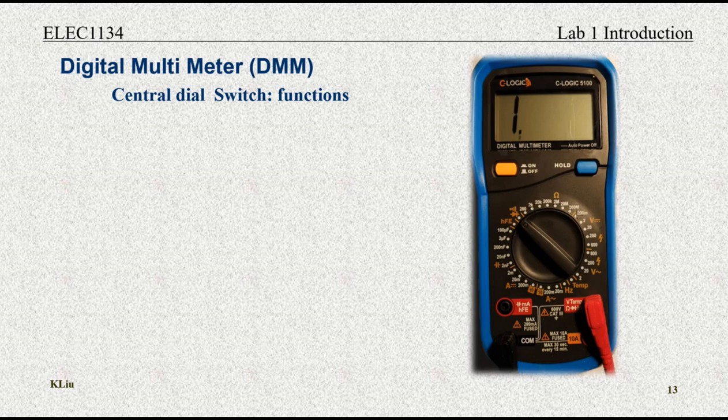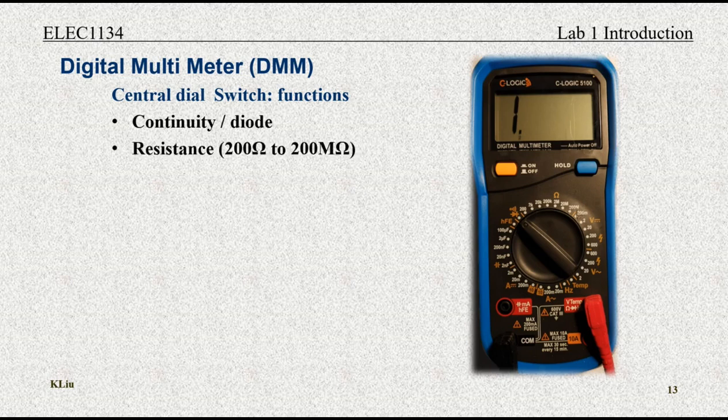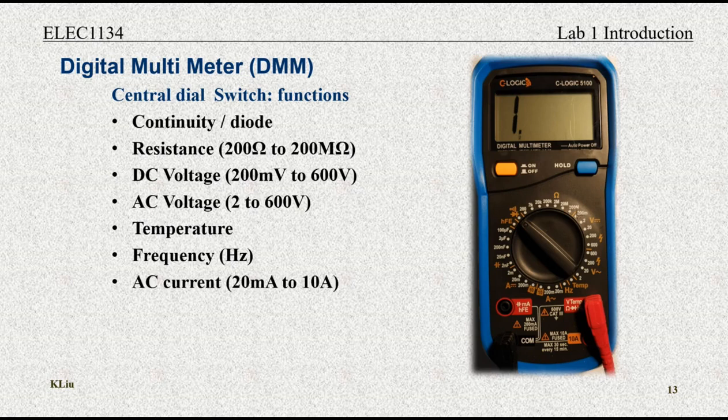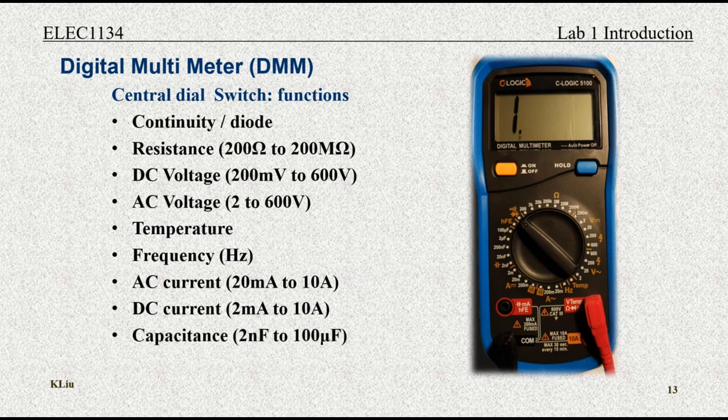We can see the following functions: continuity, diode, resistance, range 200 ohms to 200 mega ohms, DC voltage, range 200 millivolts to 1000 volts, AC voltage, range 2 to 600 volts, temperature, frequency, unit Hz, AC current, range 20 milliamps to 10 amps, DC current, range 2 milliamps to 10 amps, capacitance, range 2 nanofarads to 100 microfarads, transistor amplify factor hFE.